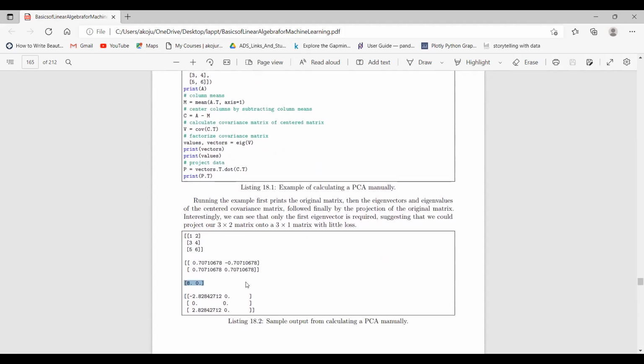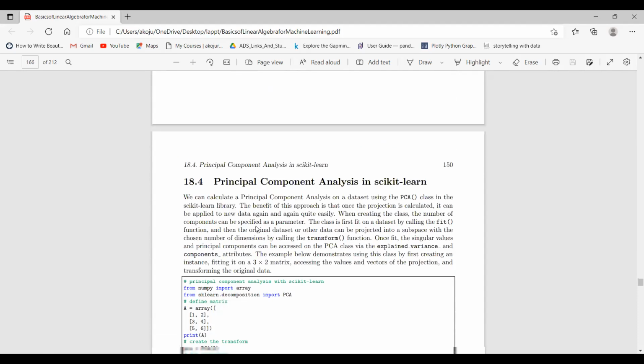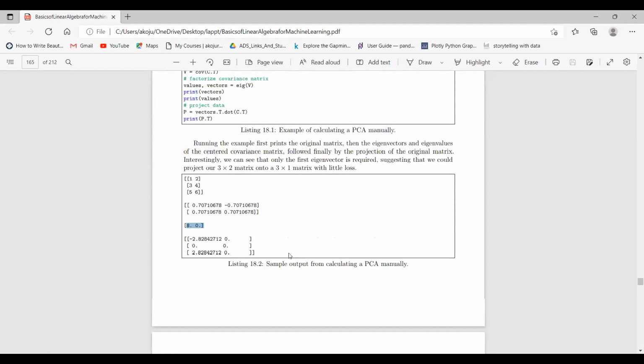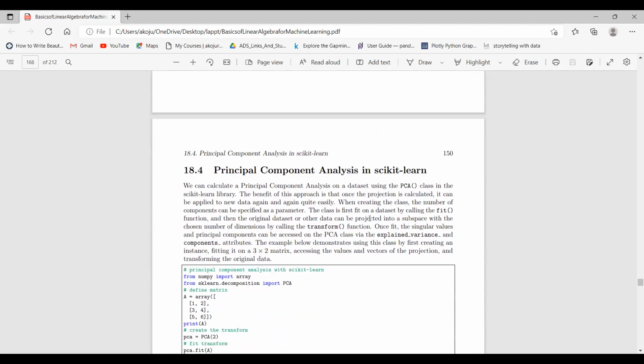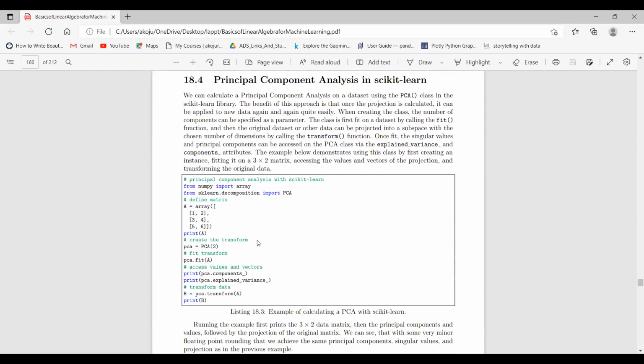This is print A. These are the eigenvectors, this is the eigenvalues, and this is P. P represents the PCA. So this is how, with the help of NumPy, we can calculate the PCA, and we also have scikit-learn, with the help of which we can also calculate the PCA. We can go through this as everybody has got this.